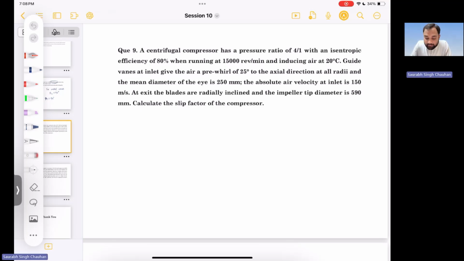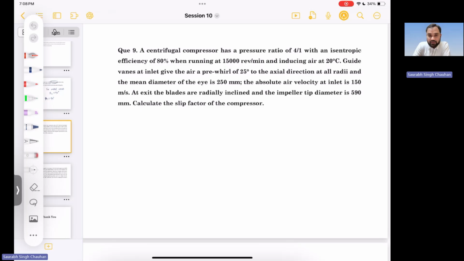So it is given that the compressor has a pressure ratio of 4:1. Pressure ratio should be clear by the name itself. It is the ratio by which the pressure is increased. If the pressure at inlet was 1 bar, then at outlet it should be 4 bar. That is pressure ratio. Isentropic efficiency we have already discussed, right?